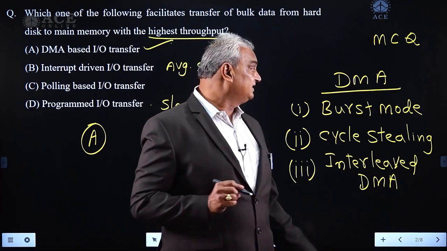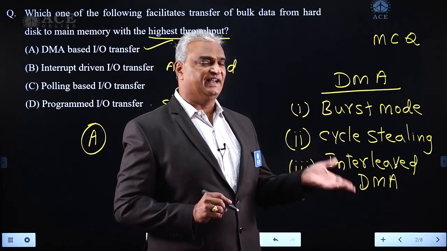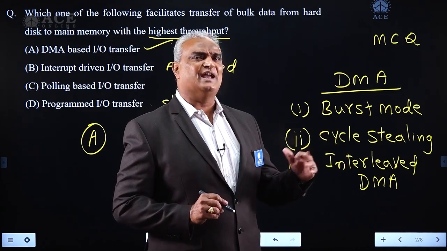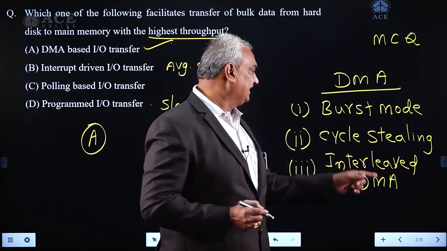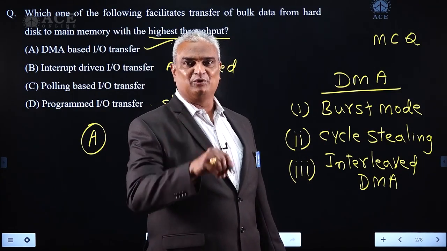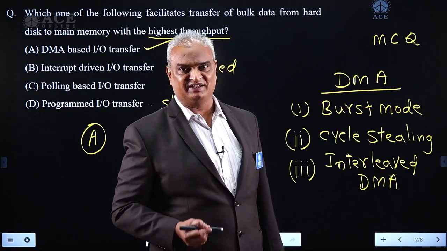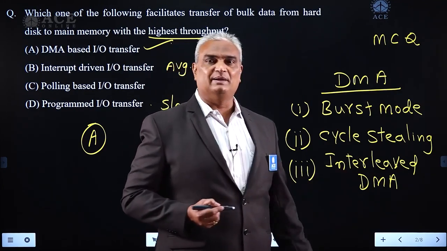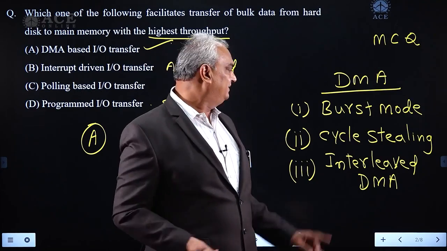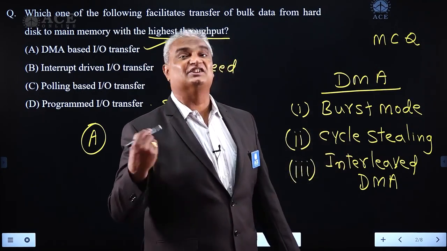So, cycle stealing method is preferred when the data size is maximum 10 bytes. Interleaved DMA. In this method, both DMA controller and processor share the bus services in alternative clock cycles. Means interleaved DMA provides moderate speed, cycle stealing provides least speed, burst mode provides highest speed.